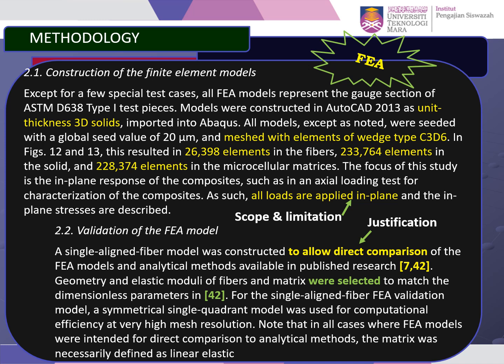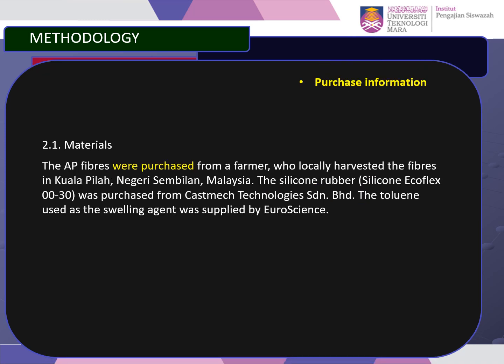Now, other than that, you can observe the whole paragraphs. Okay, you may also put the purchase information. For example, here it is clearly written that the AP fibers were purchased, and what the companies are. Perhaps other researchers also want to purchase the same material.